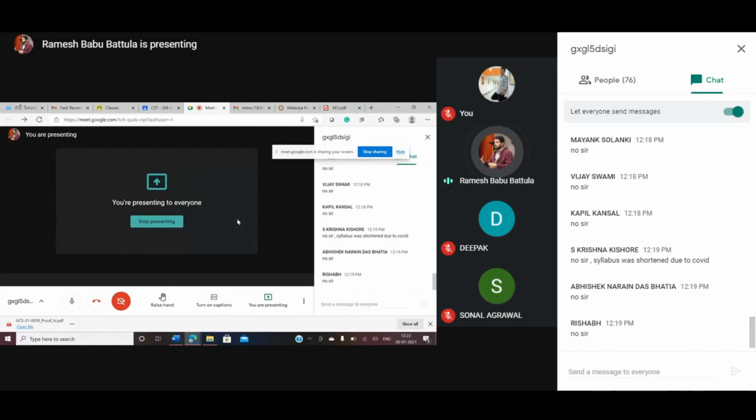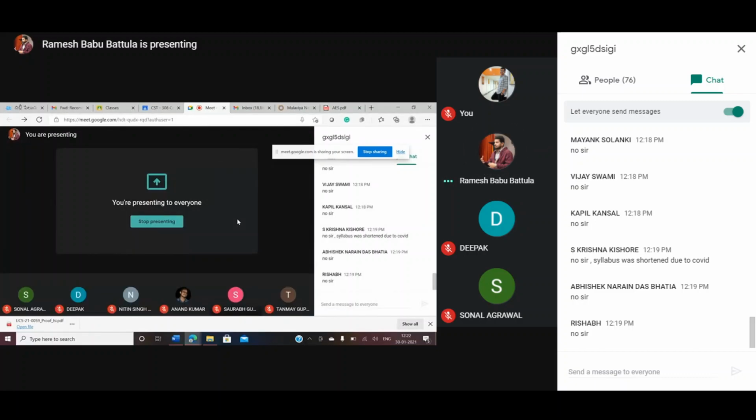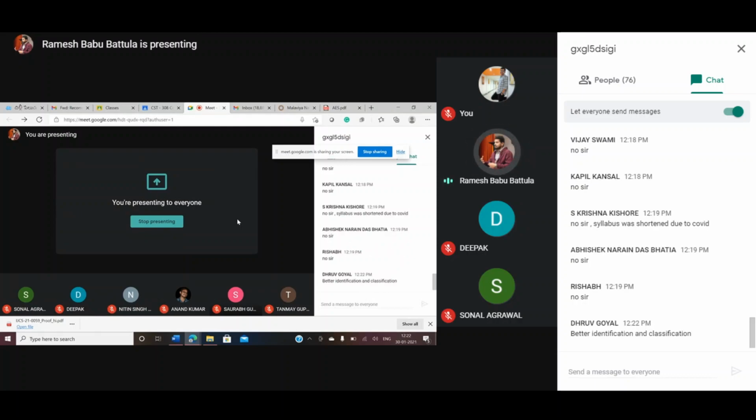Suppose you want to receive a CSE degree, some of the subjects are compulsory, you need to complete them in your coursework. It is for identification and classification.